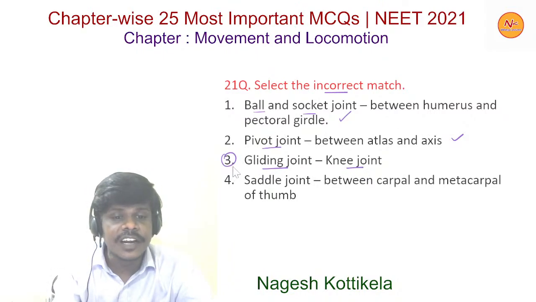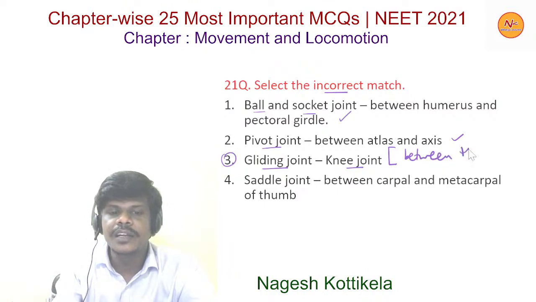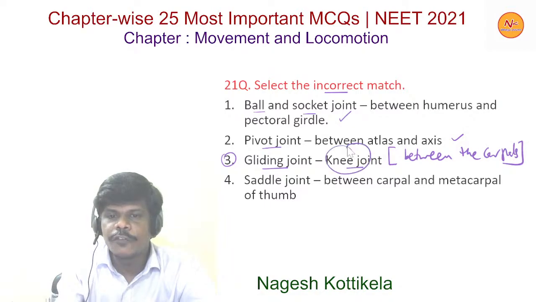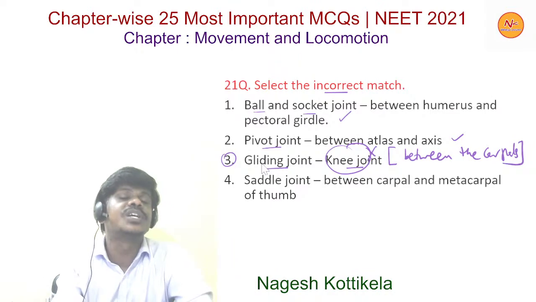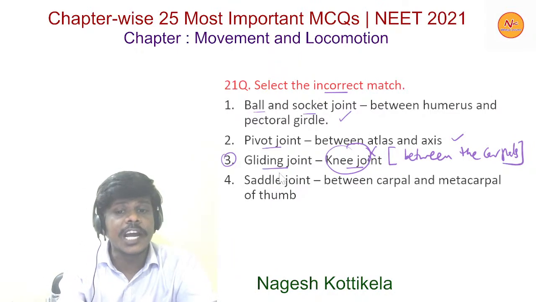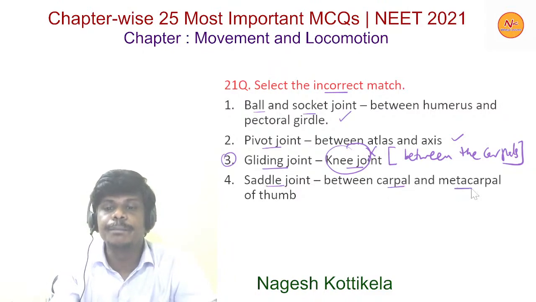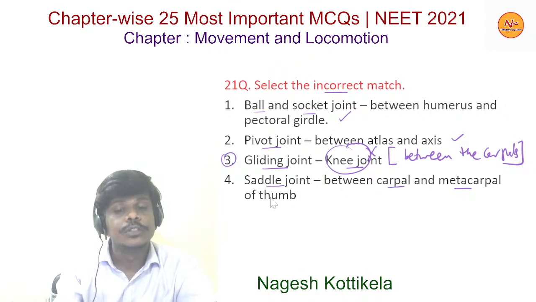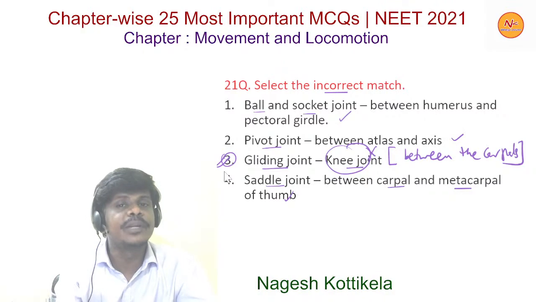It is incorrect because gliding joint is between the carpals. So instead of knee joint, it should be between the carpals. So this one is the incorrect match. Now the fourth one, if we check, the saddle joint is between the carpal and metacarpal of thumb. This is the right one. So the third option is the appropriate option.